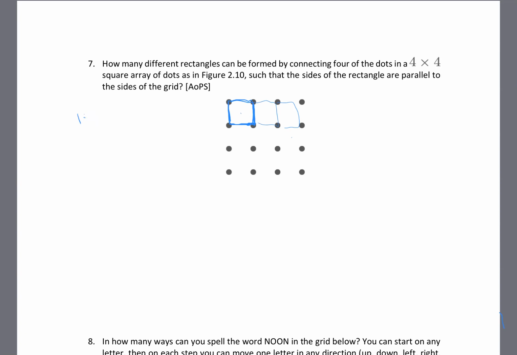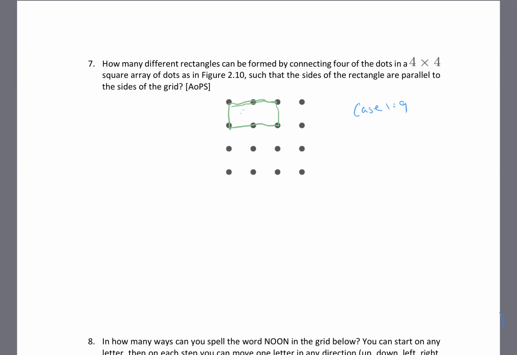And then now if we want to find our second rectangle, let's say that it's this size, right? This is the second smallest rectangle. And then when we're looking at it, we are trying to count the number of rectangles that appear in this.